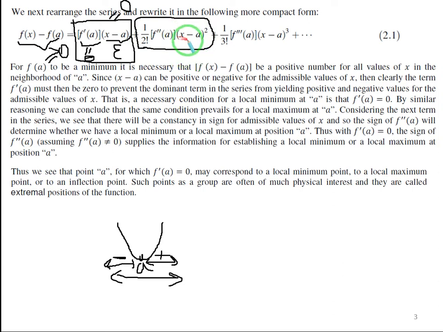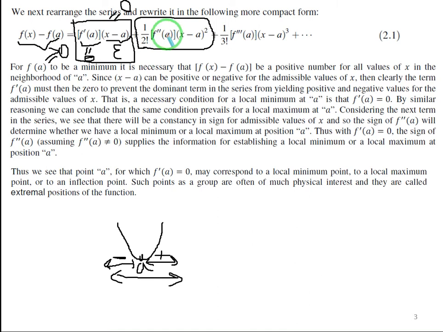And in this term, we have epsilon by 2. This is always a positive number, and the sign of this term will be defined by f double dash a.